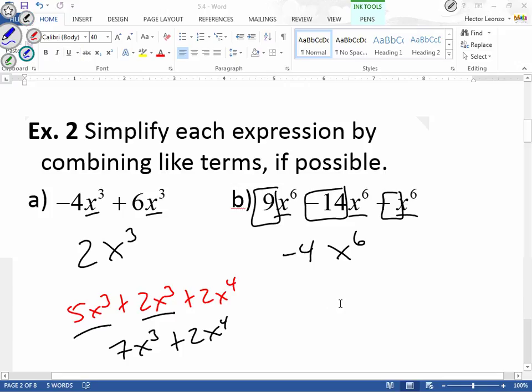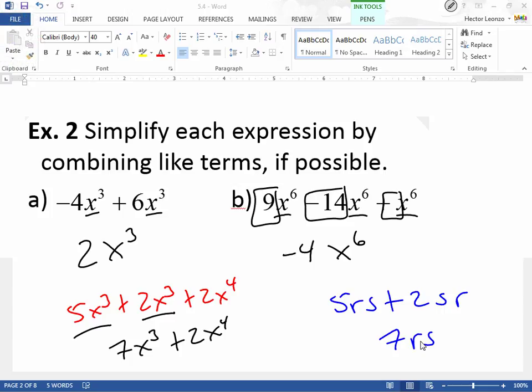Let's say I had something like 5rs plus 2sr. Notice I have the same letters, it's just a different order. So those I can combine. The order does not matter. So I'm going to end up calling that one 7rs or 7sr, however you wish. So as long as it's the same letters with the same exponents, the order does not matter.